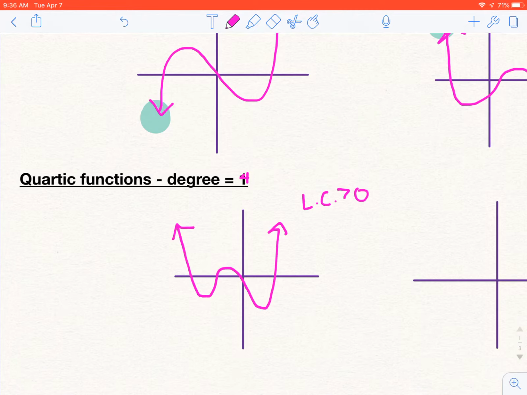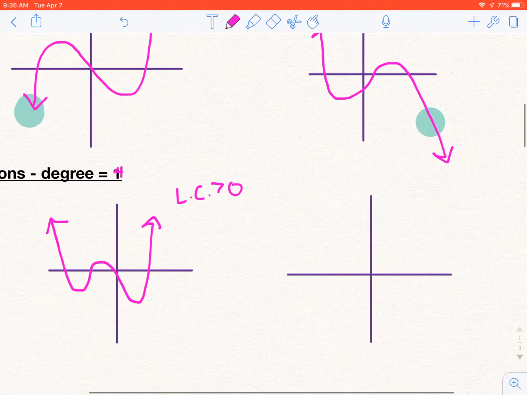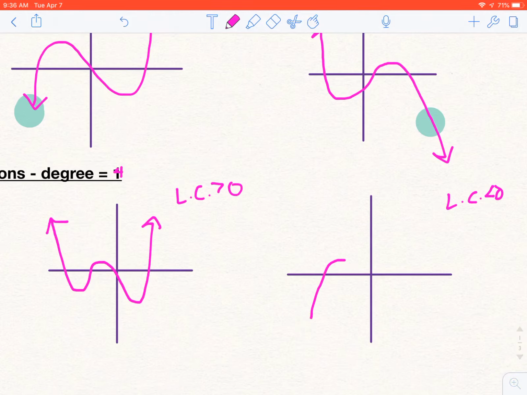Just like my quadratic, which is degree 2 even, it's going to do the same thing. And then when my leading coefficient is negative, I know it has to open down. So it's going to go 1, 2, 3, 4. I'm counting the number of times it crosses the x-axis. So that's my degree of 4.